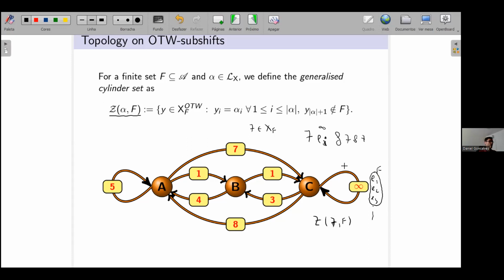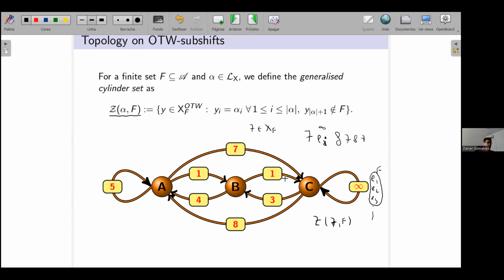Then I just look at all the elements of the shift that start with 7, so the usual cylinder set, and avoid this finite set of edges. So I can have 7, E4, E4, 8, and so on. Anything that starts with 7, avoids this finite subset, and goes on, and is in the subshift.